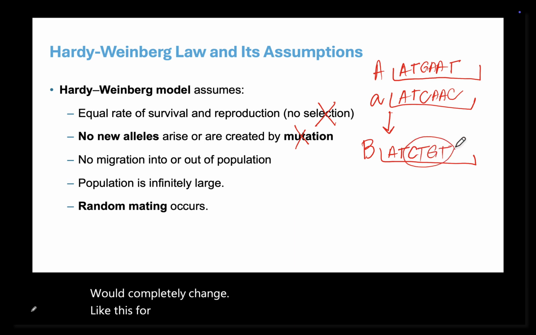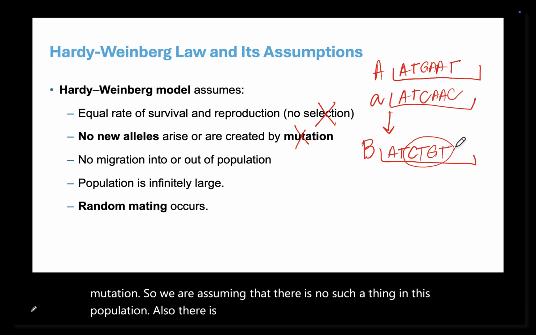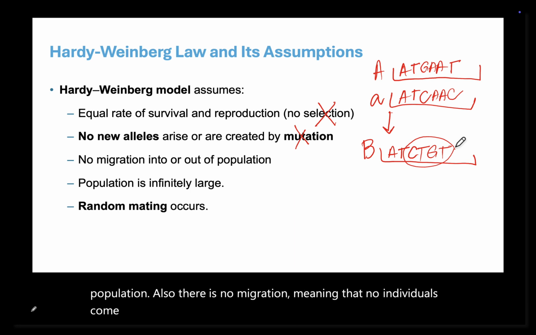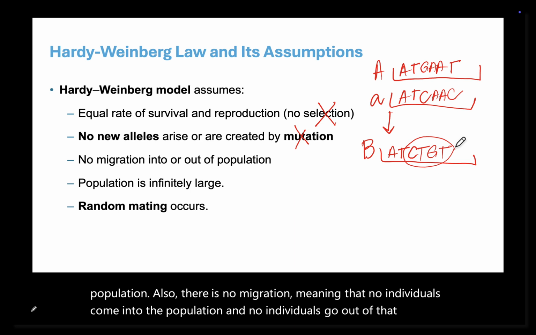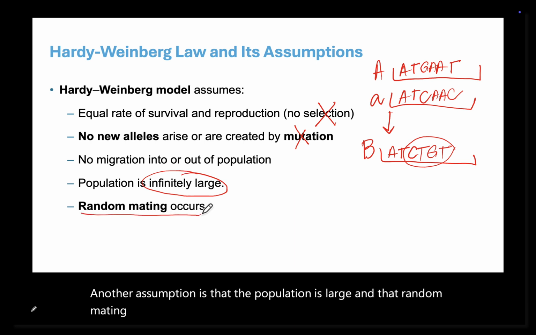So all this is completely different, right? This is mutation. So we are assuming that there is no such thing in this population. Also, there is no migration, meaning that no individuals come into that population and no individuals go out of that population. Another assumption is that the population is large and that random mating occurs.